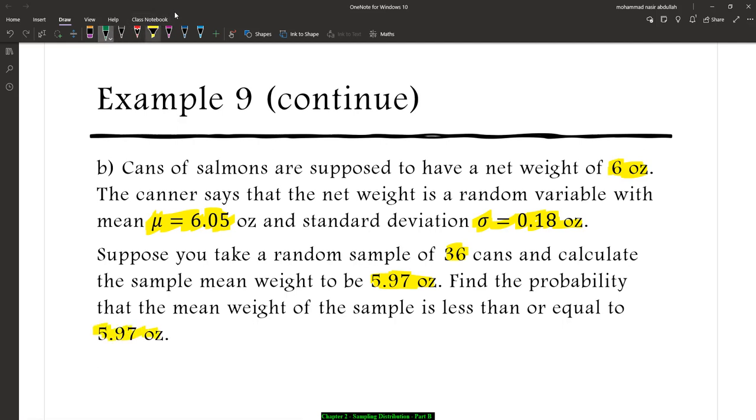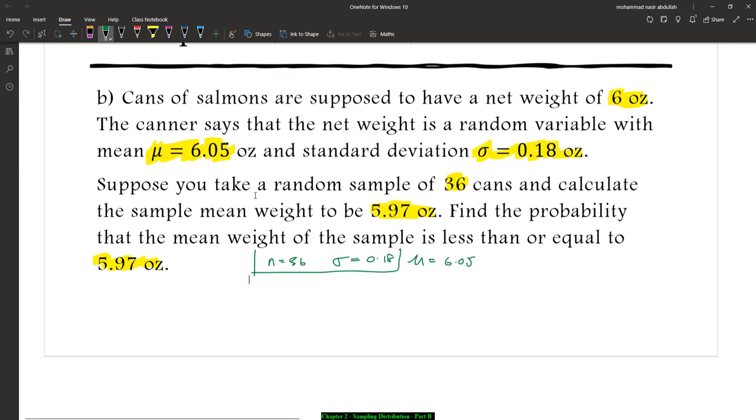So based on the information, we know that n equal to 36 and we have the population standard deviation equal to 0.18 and population mean is equal to 6.05. So based on the first two pieces of information here, the population variance or standard deviation is known. So straight away kita akan pakai Z distribution lah, right?